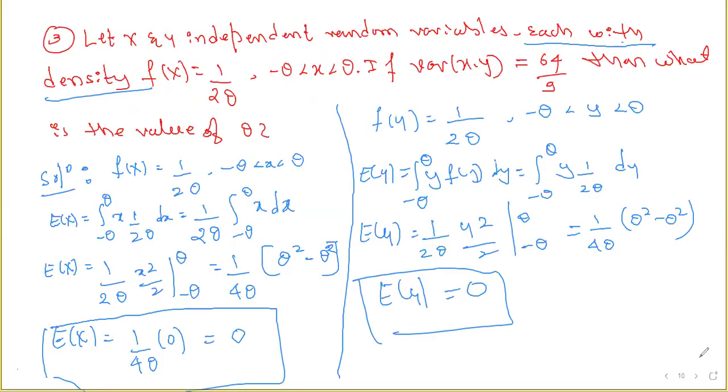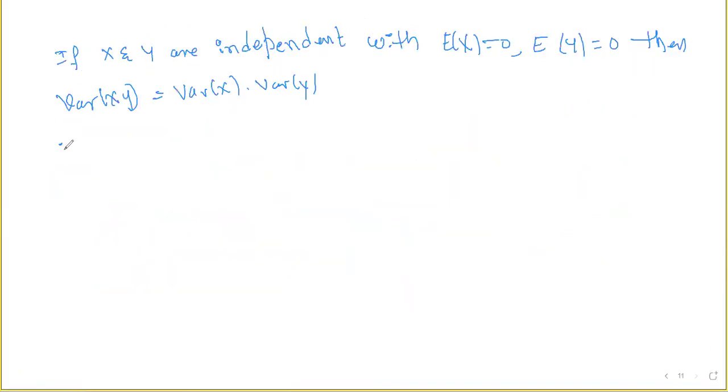See, the formula for variance of X is expected value of X square minus the whole square of expected value of X. Here the expected value of X is 0, so variance of X is equal to expected value of X square only, because the other value is 0.